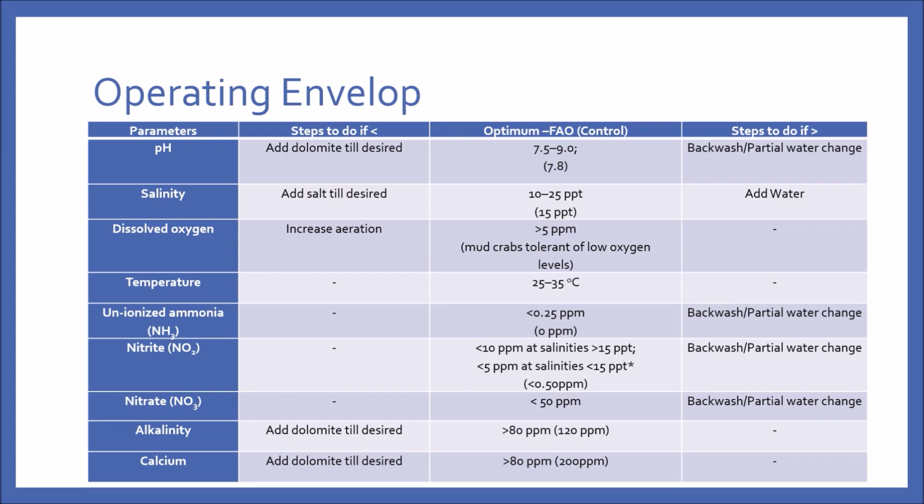Nitrite, NO2. Ideally, nitrite has to be as low as possible as well, in the range of lower than 0.5 ppm. Please note that the lethal dosage for nitrite varies with salinity. In a freshwater condition, nitrite is more toxic than ammonia because nitrite will bind with what we call the hemolymph and suffocate the oxygen.